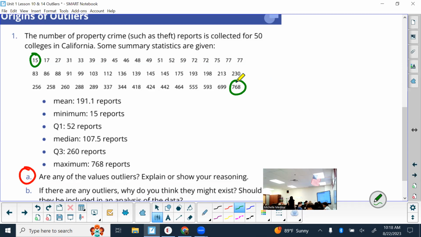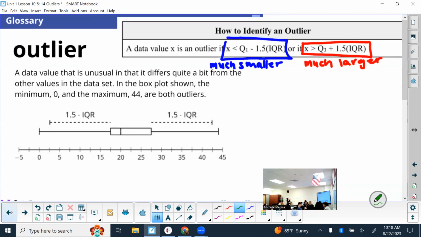So if we're testing numbers that are more to the left on the number line, so smaller than the data, what rule do I use? If I'm testing that 15, it is an outlier if it's less than what? That's where this comes into play over here.